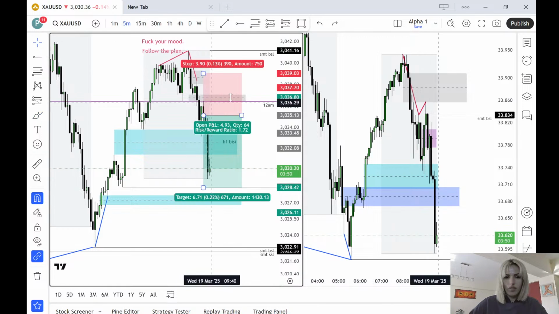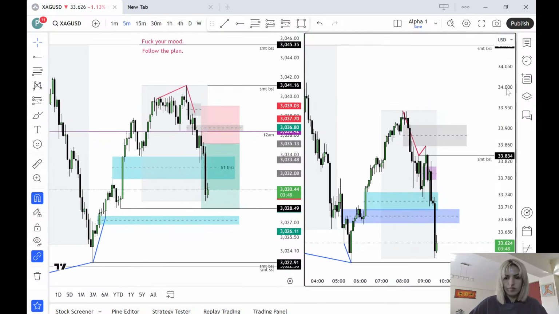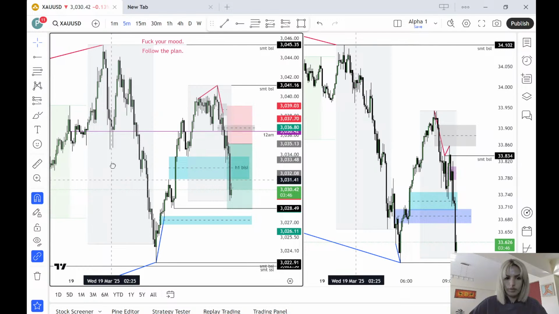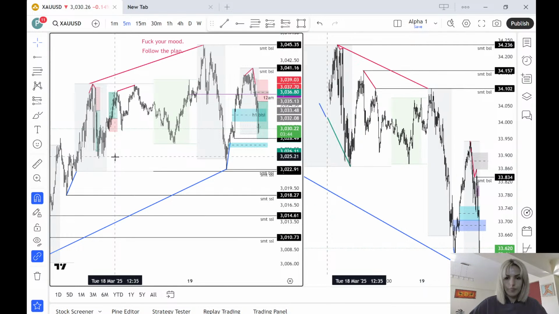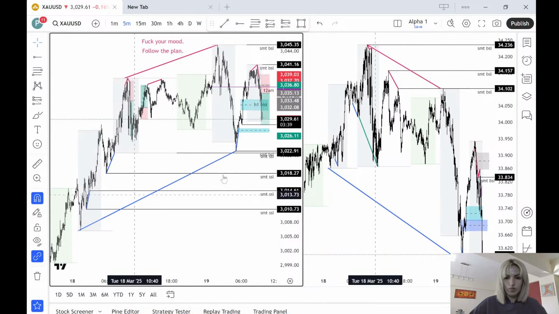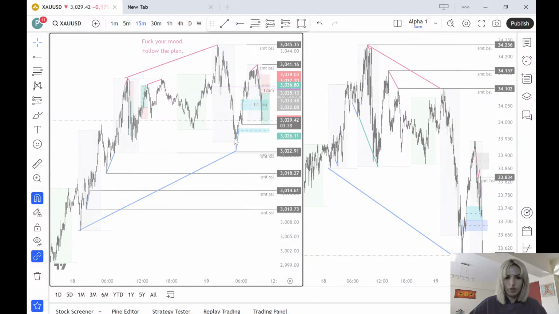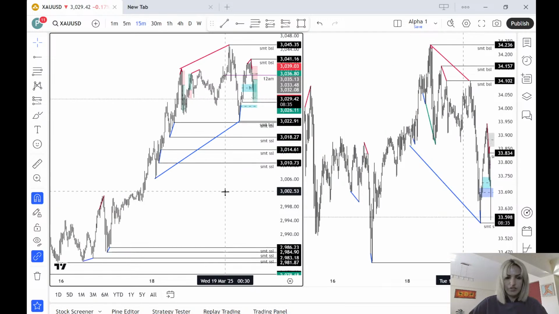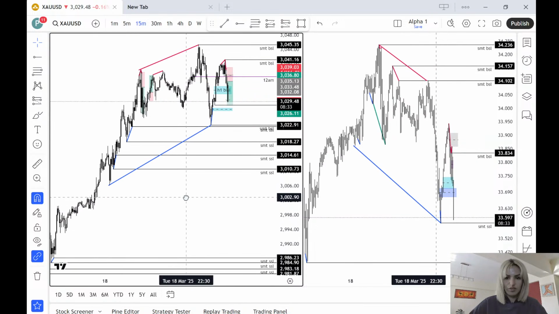That would add to the idea that we might actually see it wanting to continue to move lower. Because just look at all the sell side liquidity that accumulated at the lows yesterday, especially. That's huge.